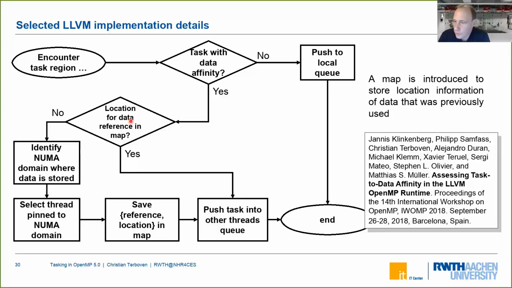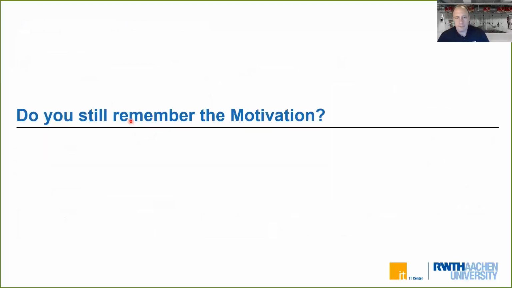Otherwise, if this map is not yet filled, the NUMA domain has to be identified, then the right thread close to the NUMA domain has to be located. Possibly you have multiple threads there. You should select a good one and then update this map. So such a feature is certainly not just a hint that can be considered to be more or less free of overhead, just as a reminder.